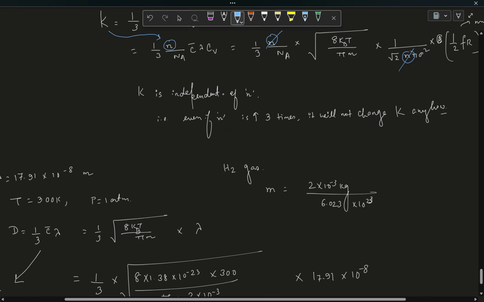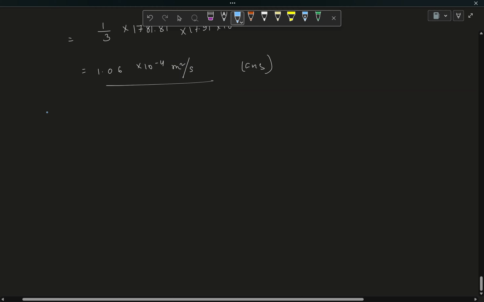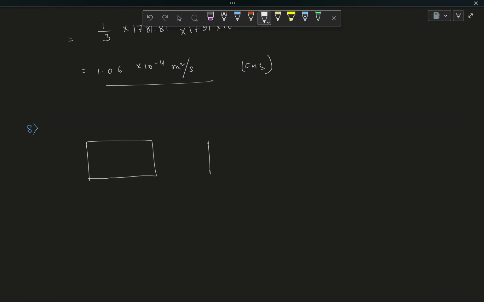So let us try then. This is problem number 8. I'll draw two containers, container number A and container B. Now this has gas filled in it, and container B also has gas filled in it.